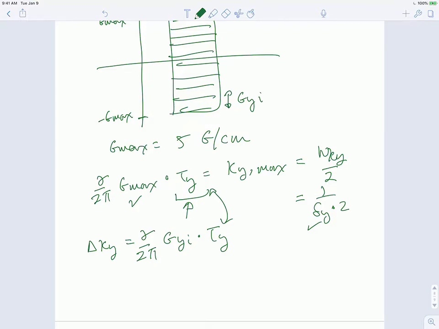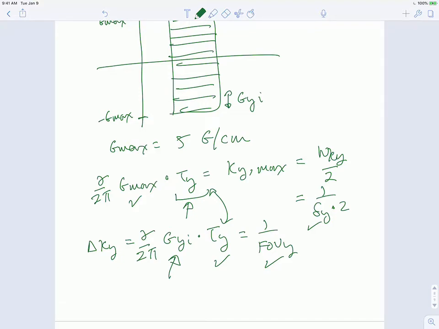So you can take your value for tau sub y, put it in there, and this just equals 1 over the FOV in the y direction. All right? You know tau sub y, you know FOV of y, you can solve for GYI. Everyone okay with that? Okay.